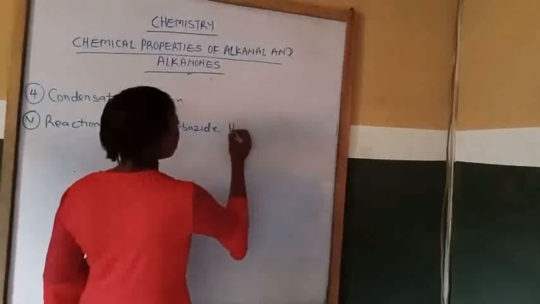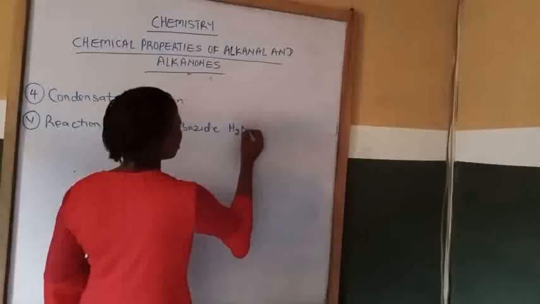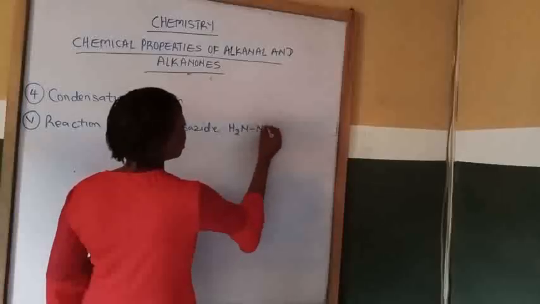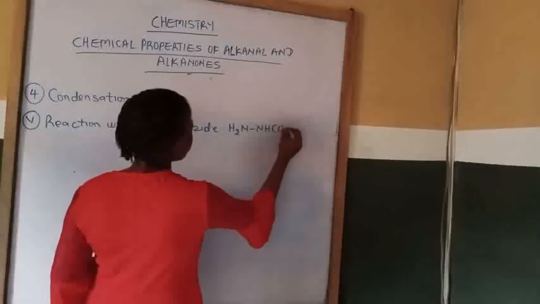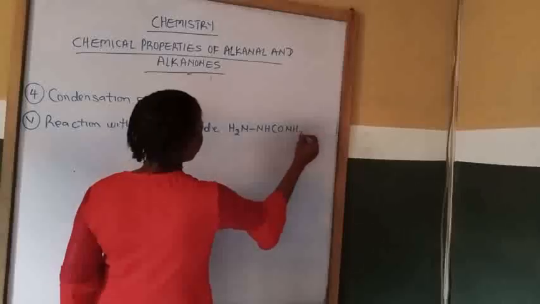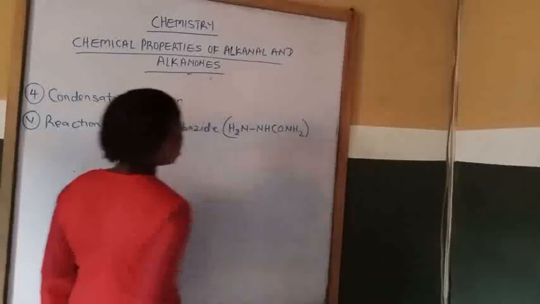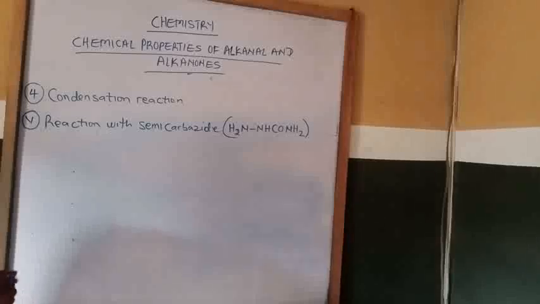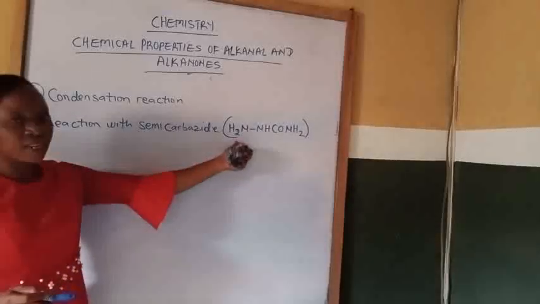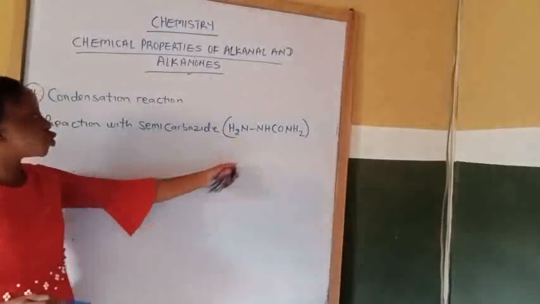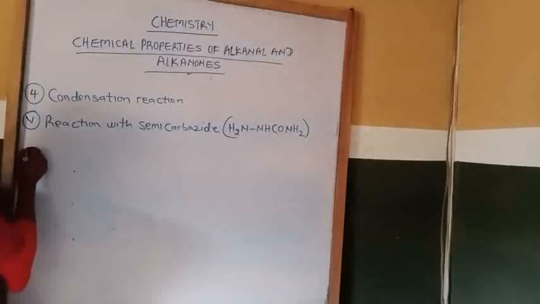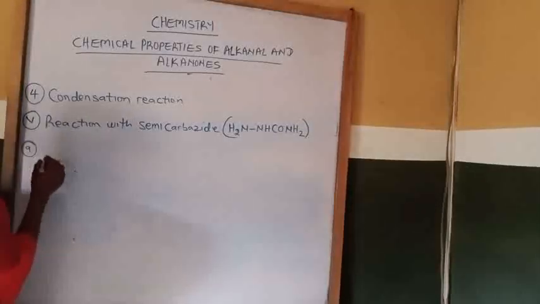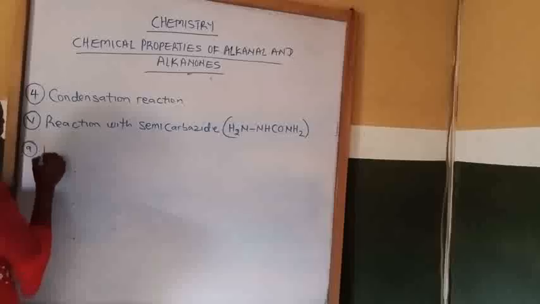That is H2N NHCO NH2. So that is the molecular formula for semicarbazide. So the semicarbazide will react with an alkanal. Let's take the reaction between semicarbazide and alkanal.